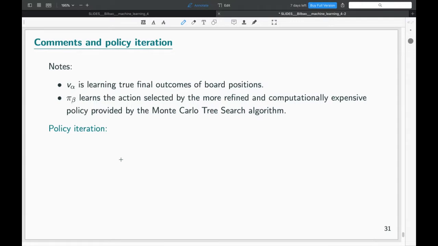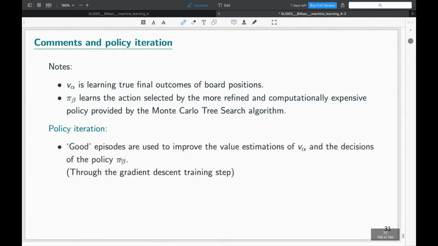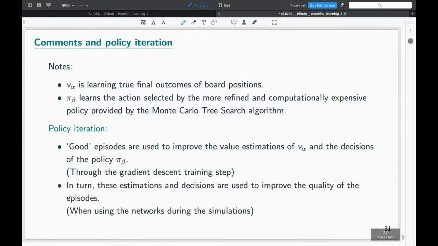Applied in this setting, policy iteration has the following form. You use good episodes to improve the value estimations made by your networks through gradient descent.